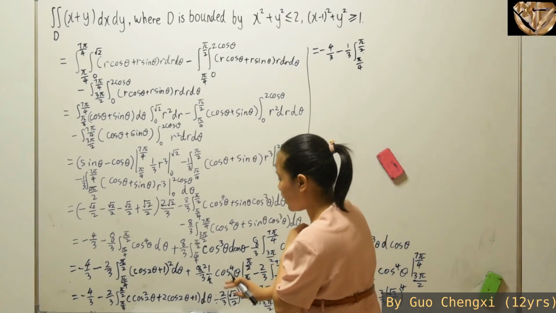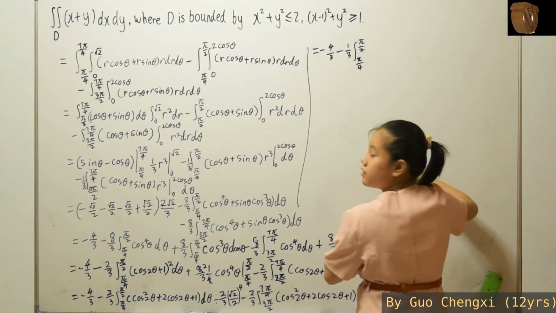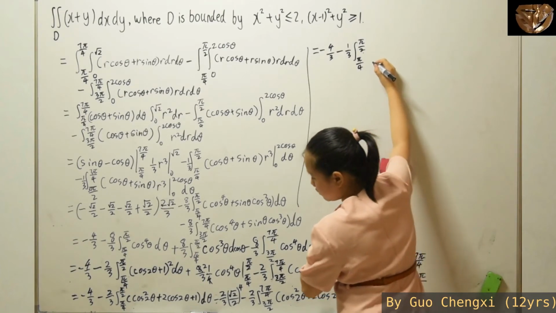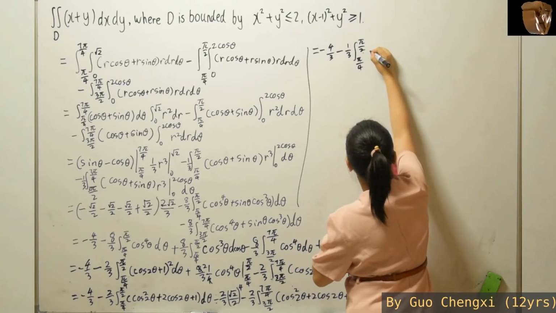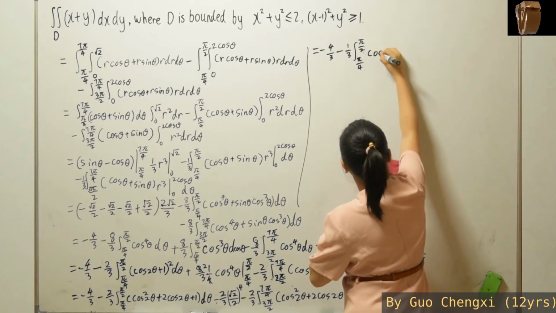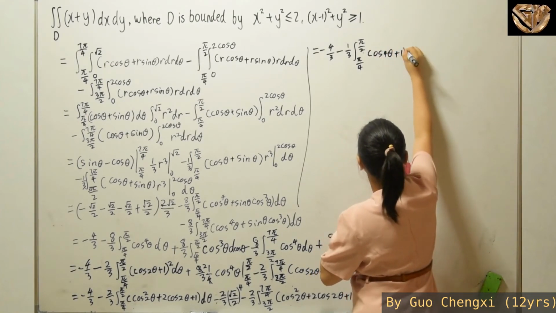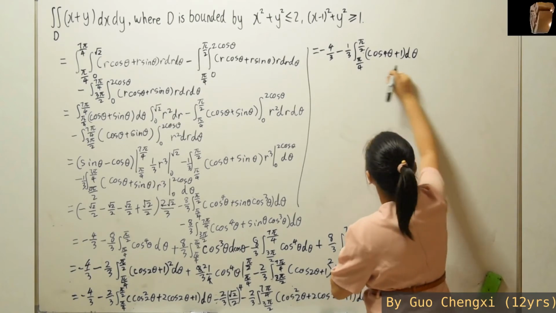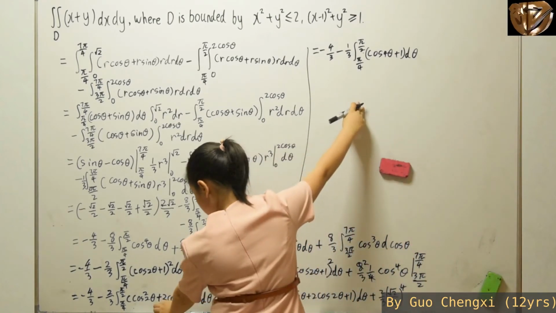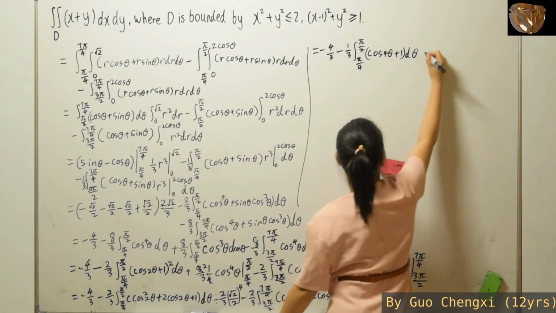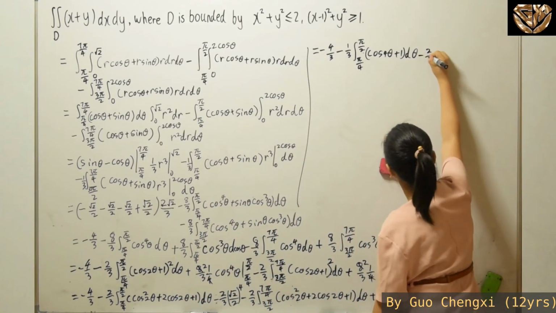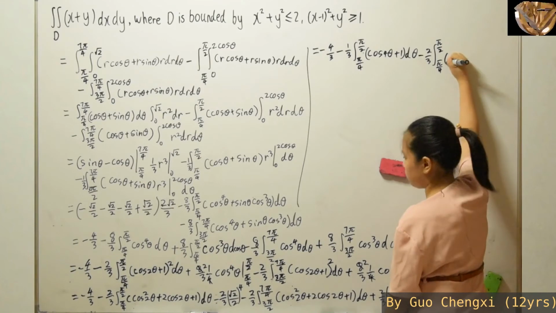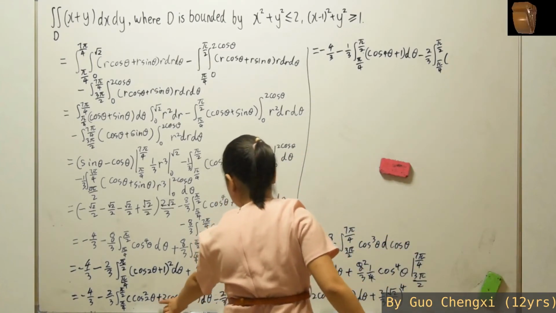so here you will get cosine 4 theta plus 1, so here you have, and you have to, so for this it will be, so for this part, so here you have the 2 cosine 2 theta.